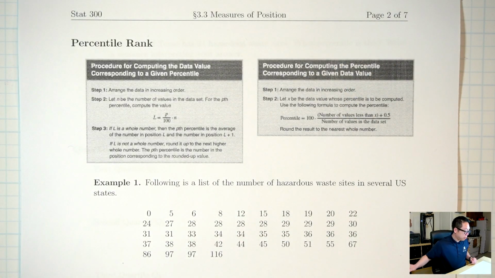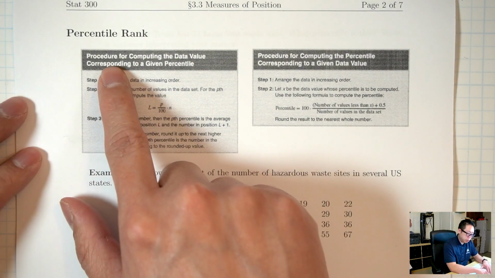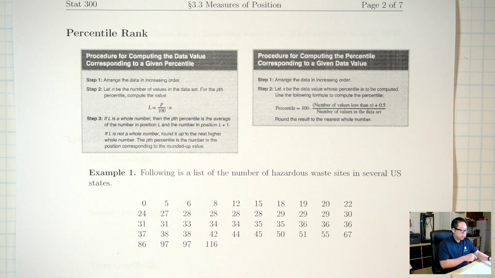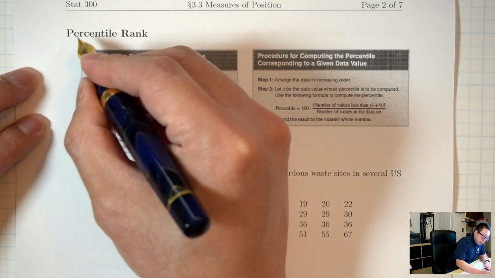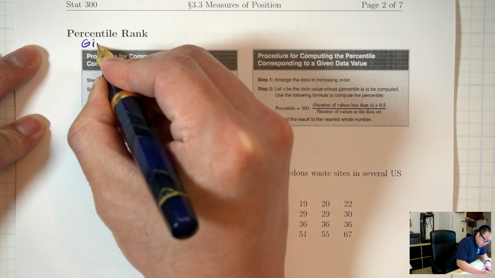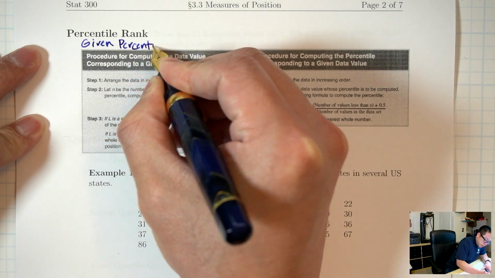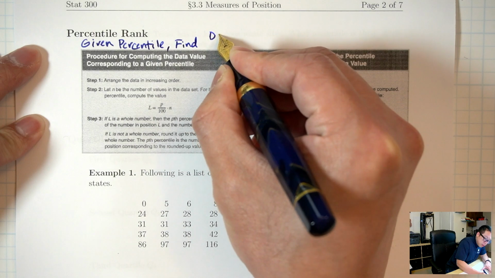So how do you calculate the percentile? I have two boxes here. The box on the left is the procedure for computing the data value corresponding to a given percentile. So left box is when you're given a percentile, and you want to find the data value.